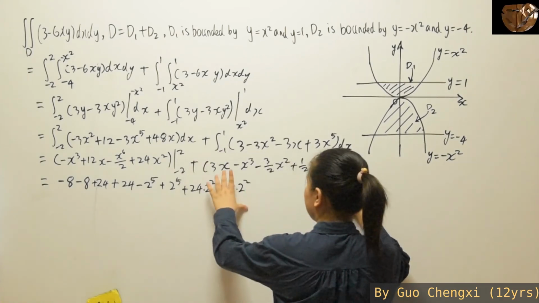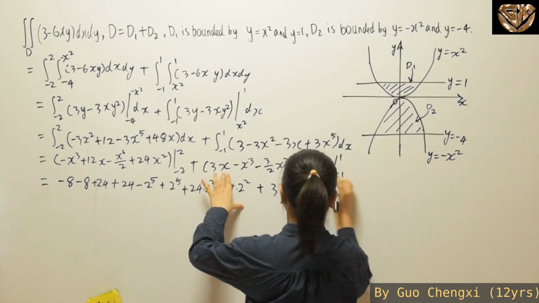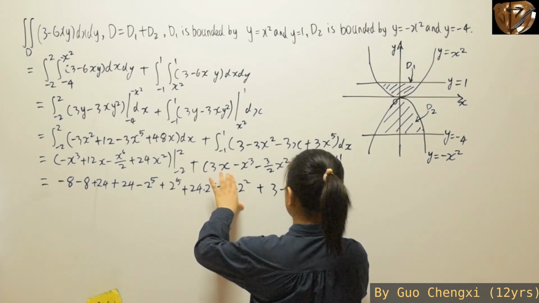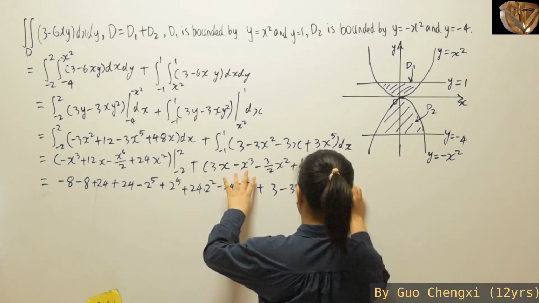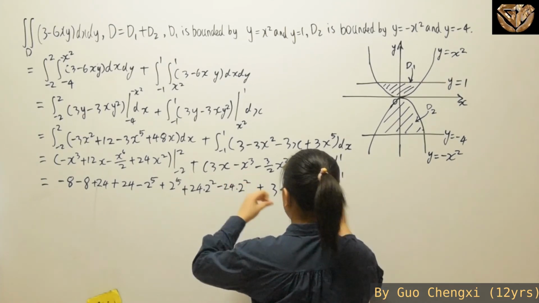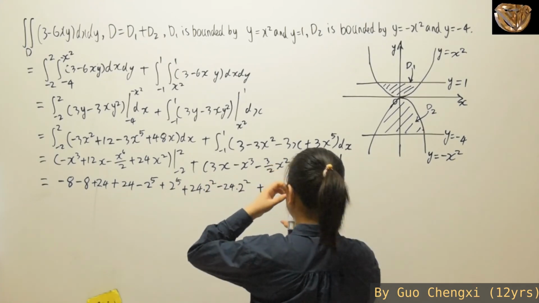Then for this part we have over here is plus. So substitute 1 inside, you get 3. Substitute negative 1 inside, you get negative 3. Substitute 1 over here, you get minus 1. So apparently for this part, why did we get negative 3 just now?